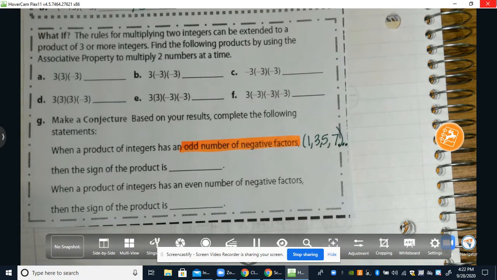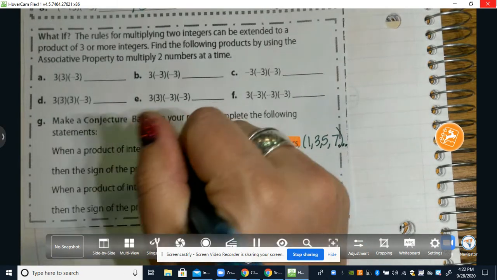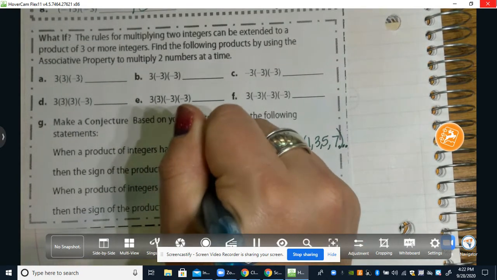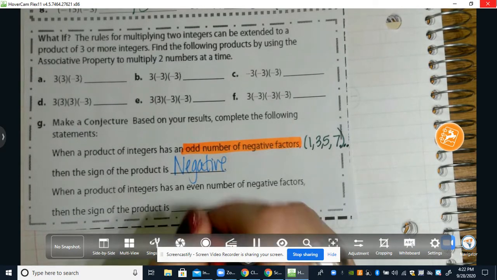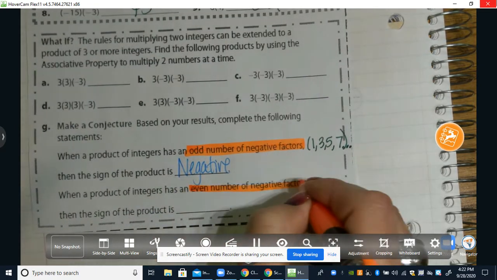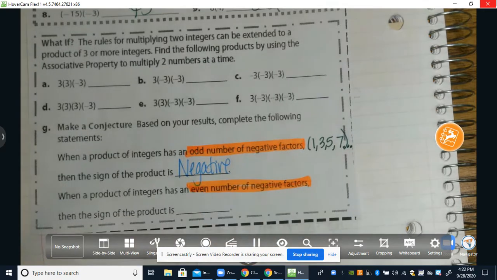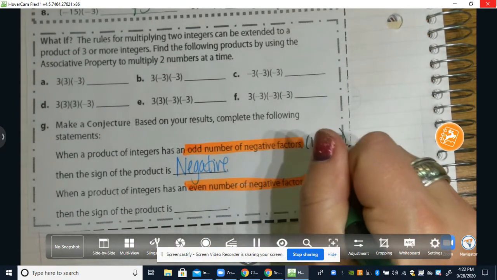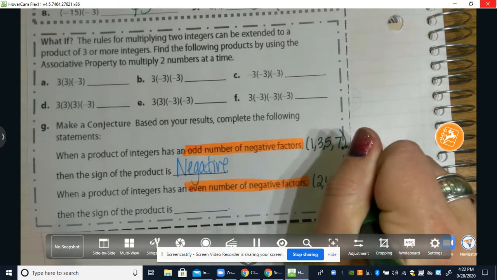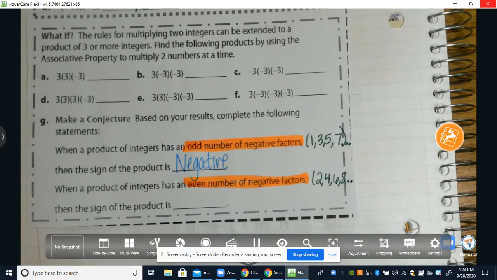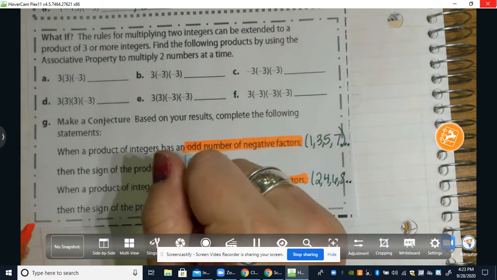So when you have an odd amount of negative factors, your answer is going to be negative. Now, if you have an even number of negative factors, and if you need to know your even numbers, that's like 2, 4, 6, 8, yada, yada, yada, it gives you a positive answer.